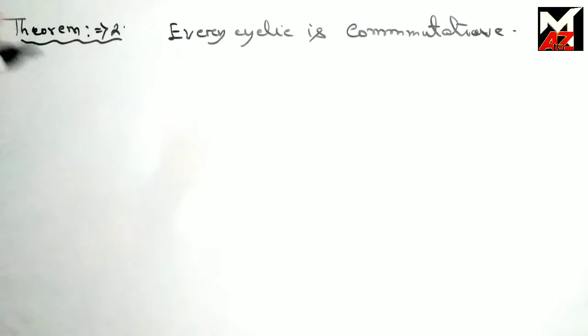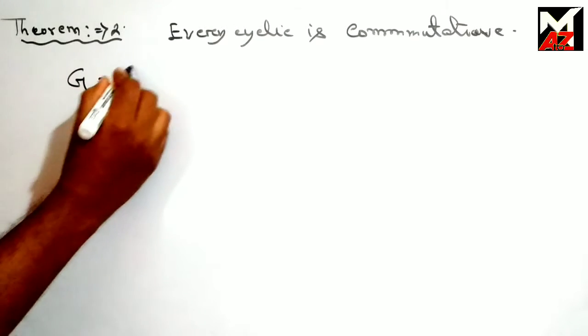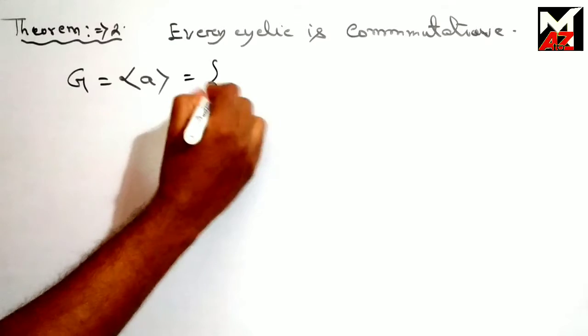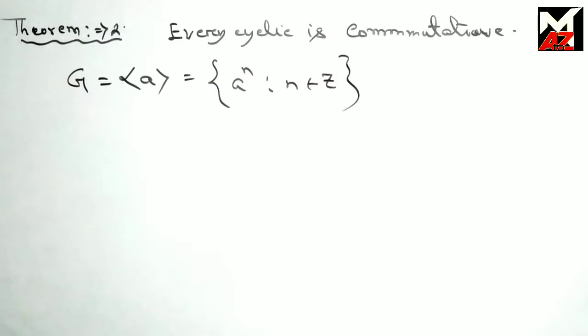This is a very easy theorem. We first take a cyclic group generated by a, that is, a to the power n such that n belongs to Z. This is the cyclic group.